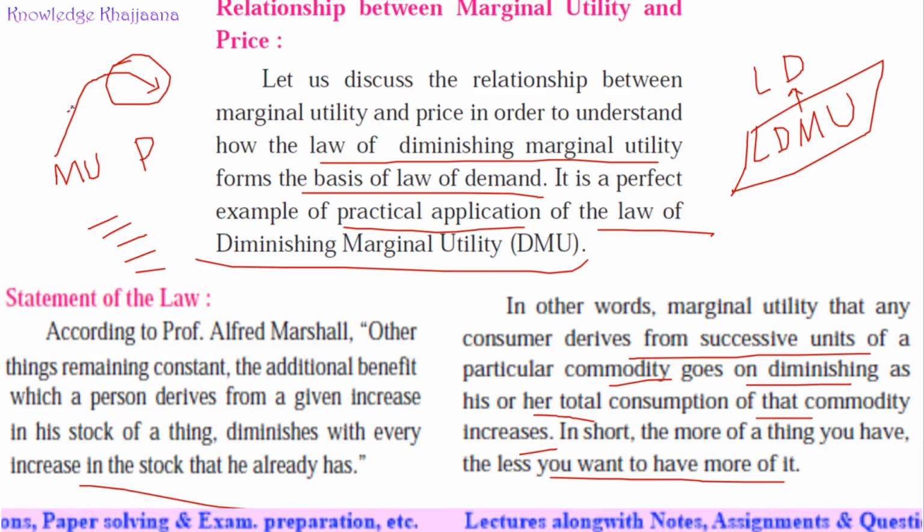He will pay the higher price till reaching the level of satisfaction. But once he gets 100% satisfaction, it steadily declines and he tends to buy the commodity at a lower price. That we are going to see in the relationship between marginal utility and price.